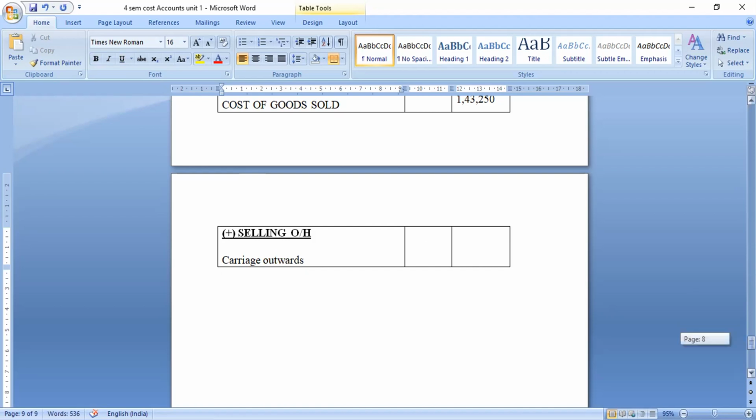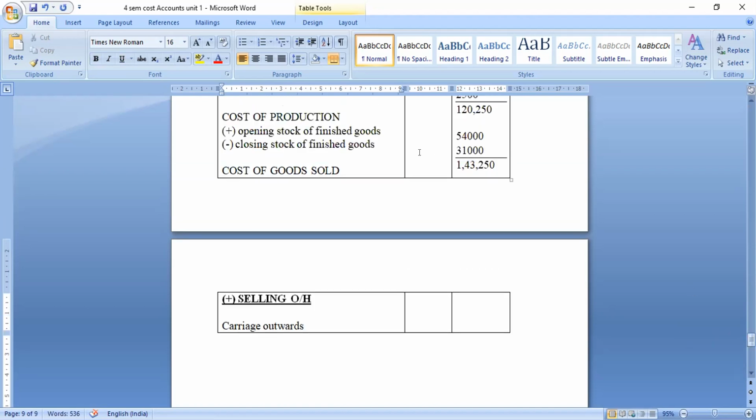So what is the carriage outwards? Let us see this. Okay, so carriage outwards is 2500.